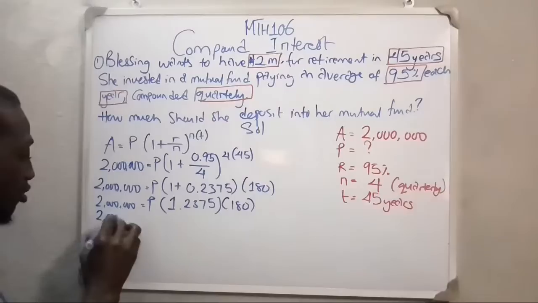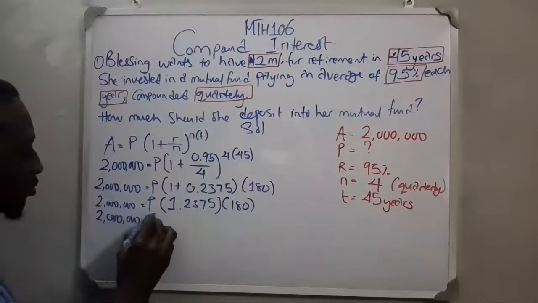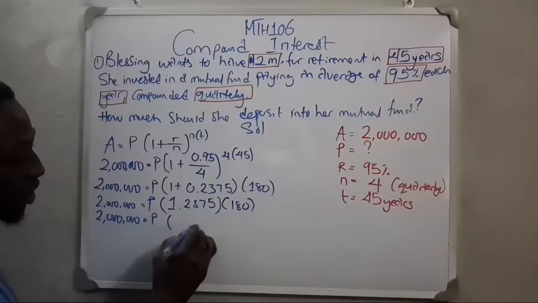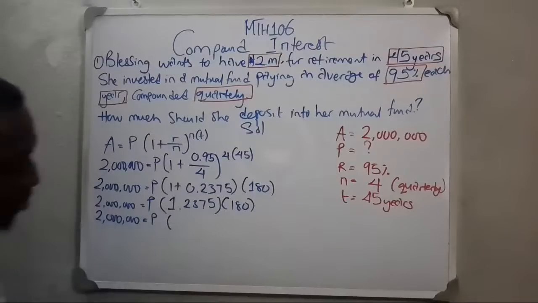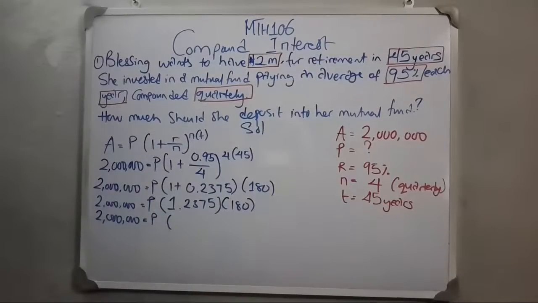So we have 2 million equals P into bracket, and the calculator is helping us with the answer, which is 222.76.